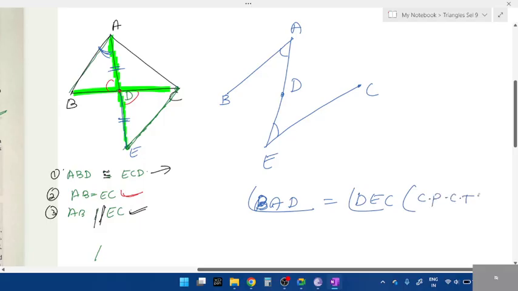If these two are equal, which two are parallel lines? AB is parallel to EC. BAD is equal to DAC. And definitely if it's a parallel line, we could have even written angle B is equal to angle C. Okay, make a note.